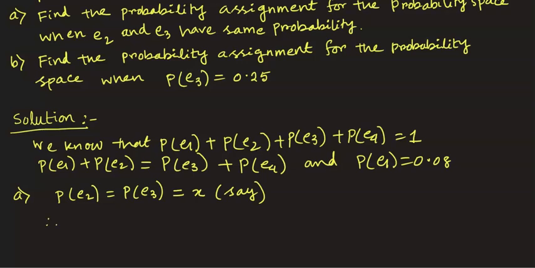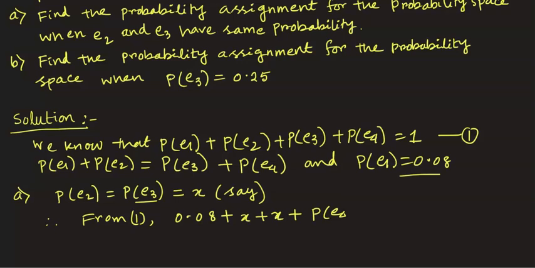Therefore, from 1, we have probability of E1 is given 0.08, so we can put 0.08 here, and probability of E2 and probability of E3 is x, so we can put x here, plus probability of E4 is equal to 1, and suppose this is equation 2.